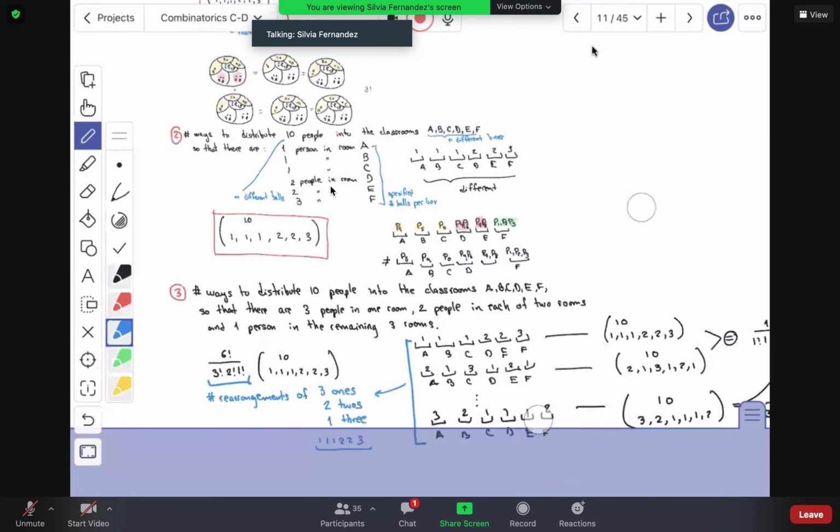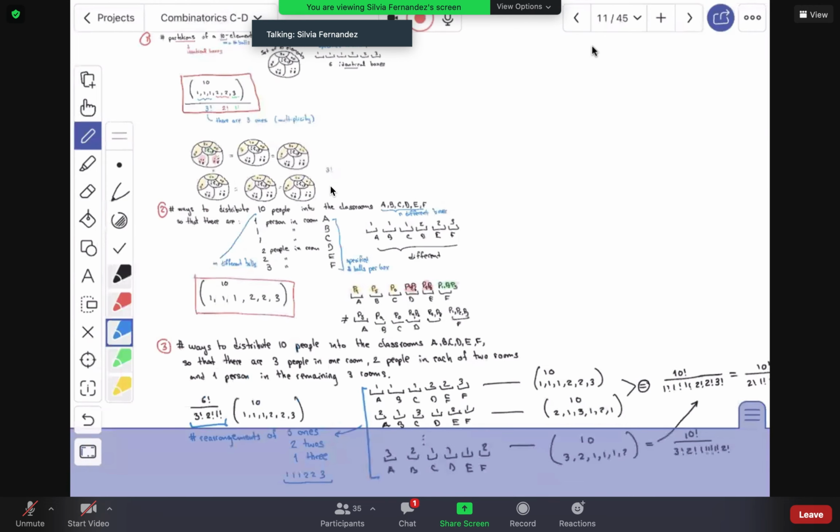So those are the 3 problems that are related to each other, but depend on what we're given. The difference between problems 1 and 2, and the third one, is that in the first 2, I'm actually saying how many in each specific box. In this one, I have many possibilities. The numbers are fixed, but those numbers can go to the different boxes.